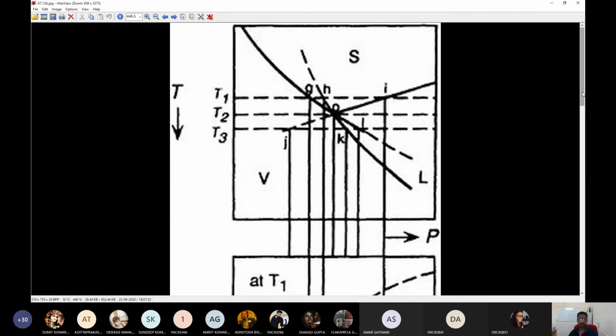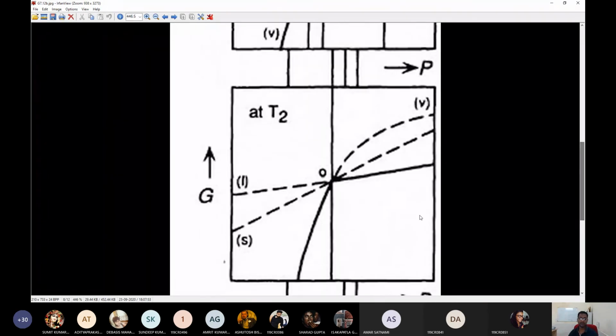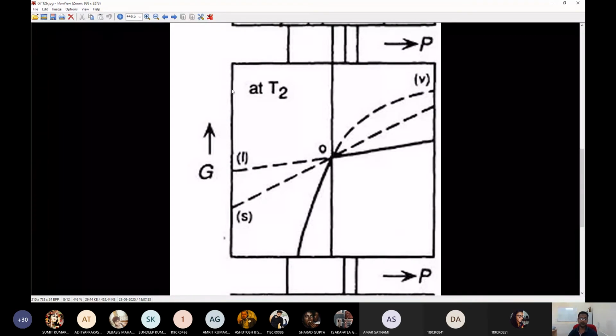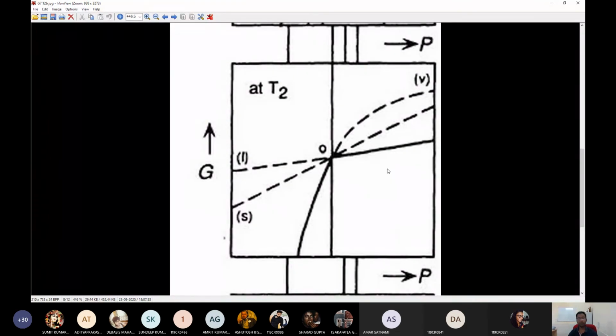So come to temperature T2. Here it is as simple as that. Much like the diagram for G versus T in the earlier discussions, here it is G versus P. The only difference is that at G versus T, at triple point, the lines were sloping downwards, and here it is going to be sloping upwards in the sense that it's a positive slope.